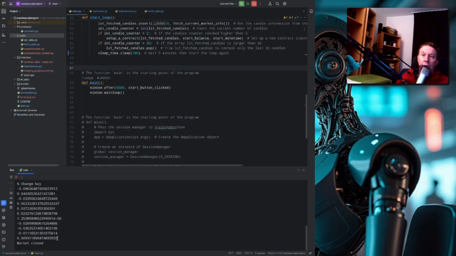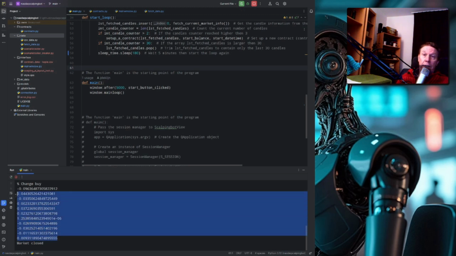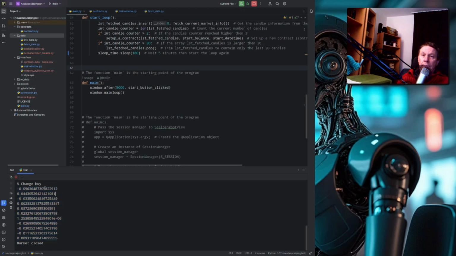These numbers are the percentage change of 3 candles. So our 3 candles together have a percentage change of more than 7, I believe, is now the current threshold. I started with 3 and upgraded it to 5, and now it's 7, I believe.